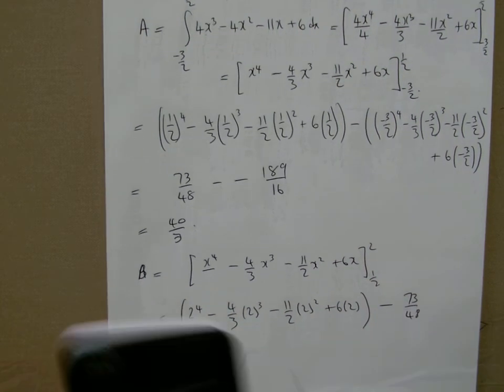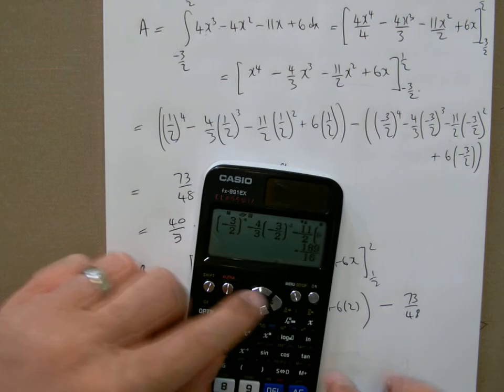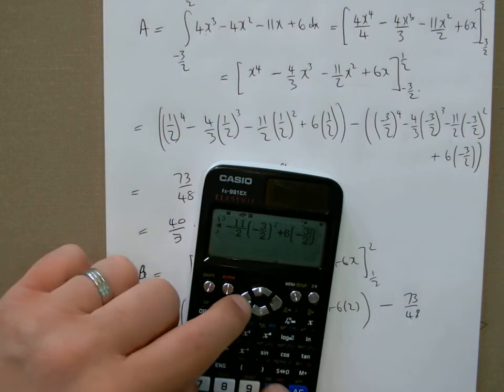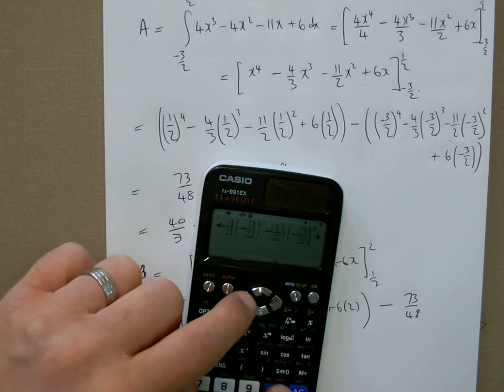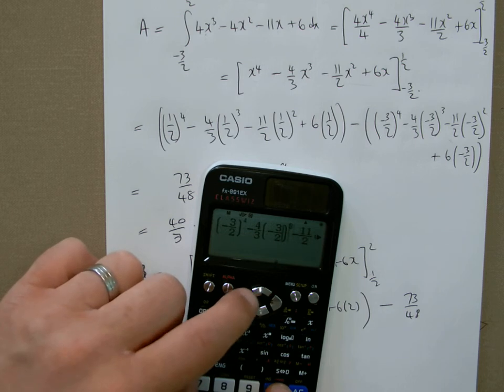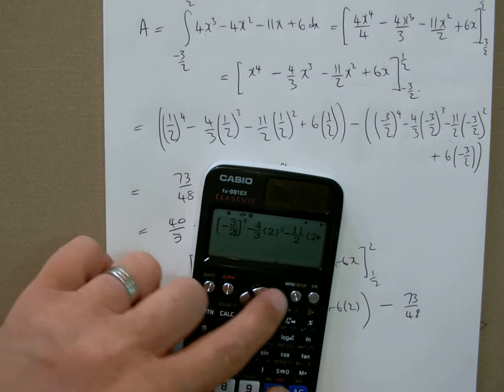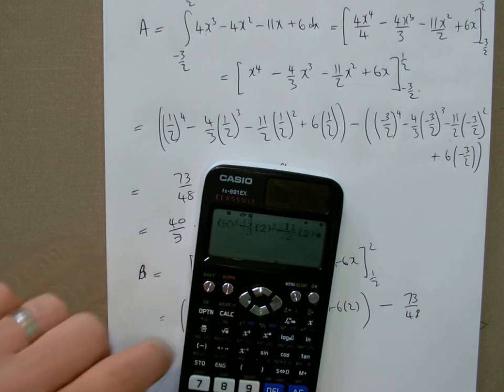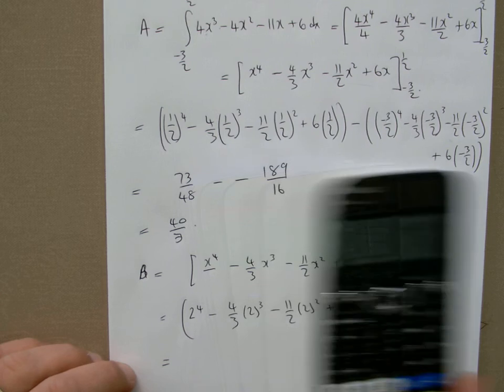Okay, so we just got to go back on my calculator. So go back here. So we change this now to 2. Comes out to be minus 14 over 3.